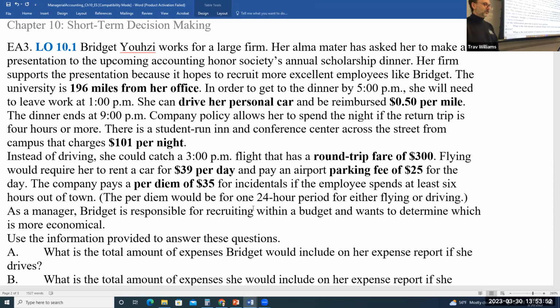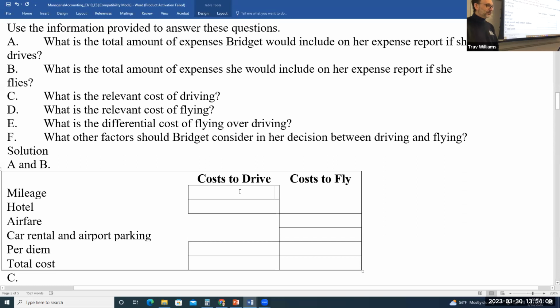Okay, $98, and that'll cover the 196 miles to get there at 50 cents per mile, but she has to get back too, right? So then we'll double that and it comes out to $196. So round trip, that's going to cost the company $196.